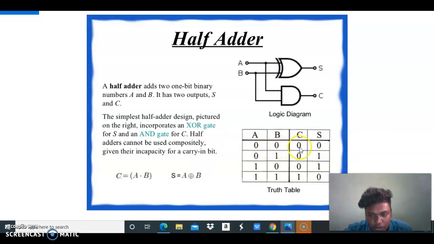00 is 00, 01 is 01, 10 is 01, 11 is 1, S is 0.